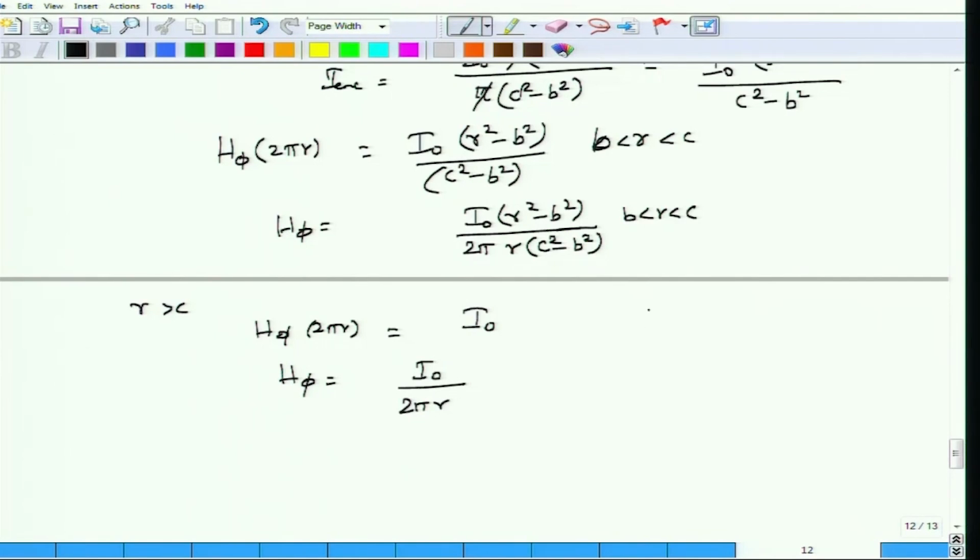If you sketch the magnetic field H phi, until the radius b the magnetic field will be 0, and then it begins to rise, not exactly linearly because there is an r square minus b square divided by r, but it rises with respect to some curve, and then it reaches its maximum and starts to drop as 1 by r. So this is how you would calculate the field of a hollow cylinder.